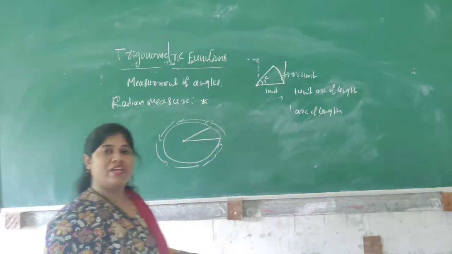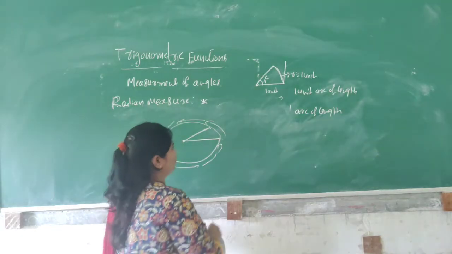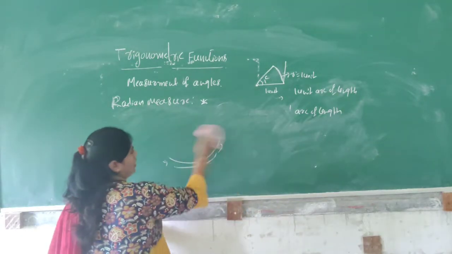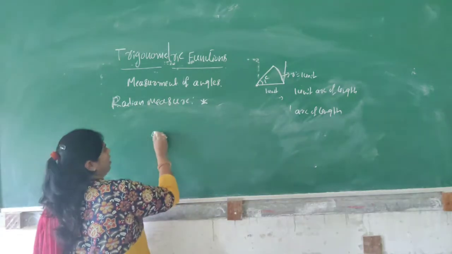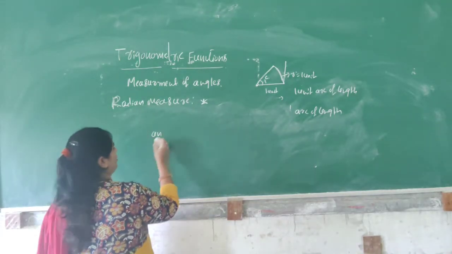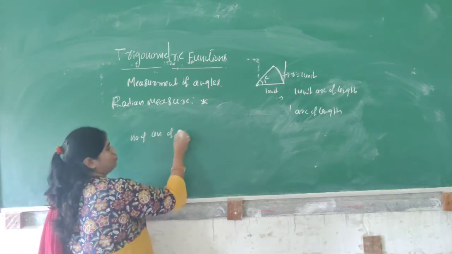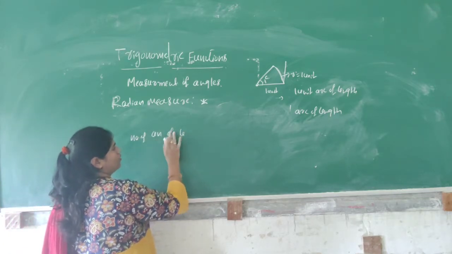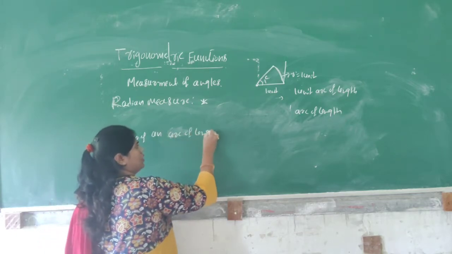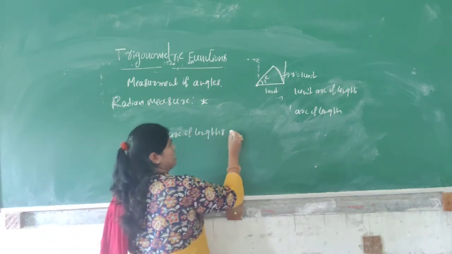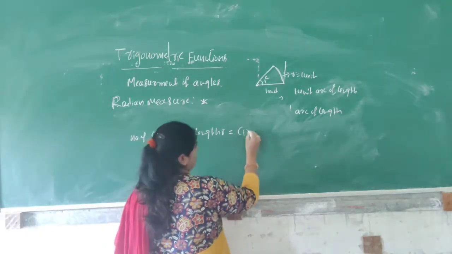We know that one complete revolution is equal to 360 degrees. Correct? So one complete revolution is equal to 360 degrees. An arc of length is equal to the circumference of the circle.